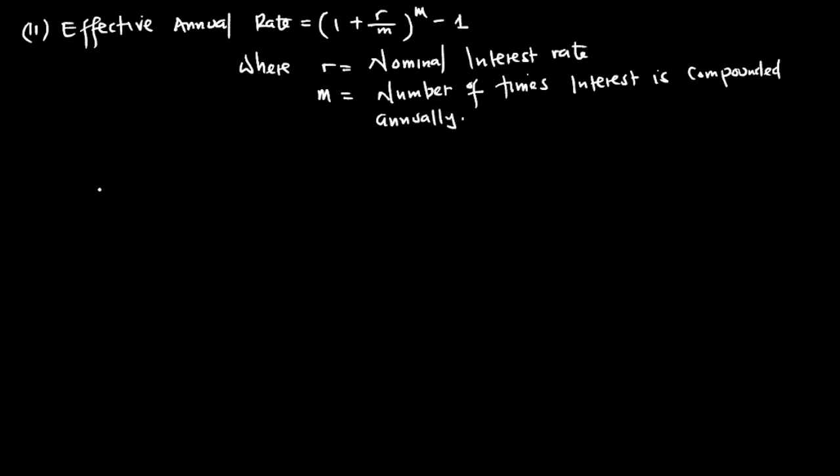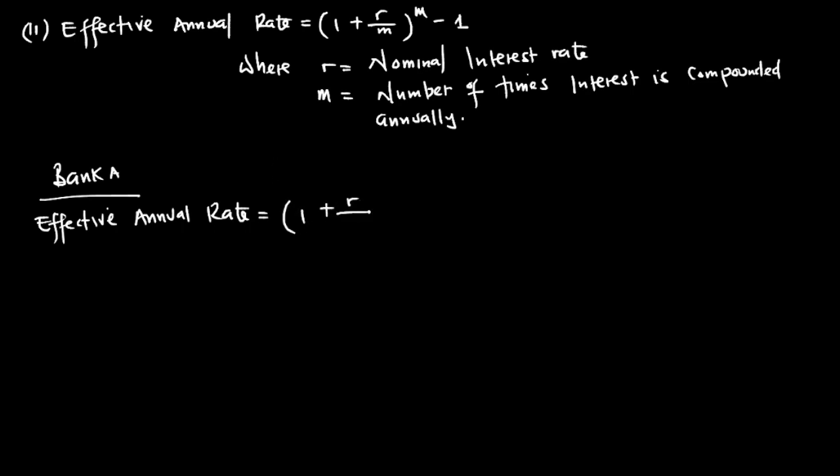Okay, so we'll start with bank A. Bank A, the effective annual rate will be equal to 1 plus R divided by M, to the power M, minus 1.